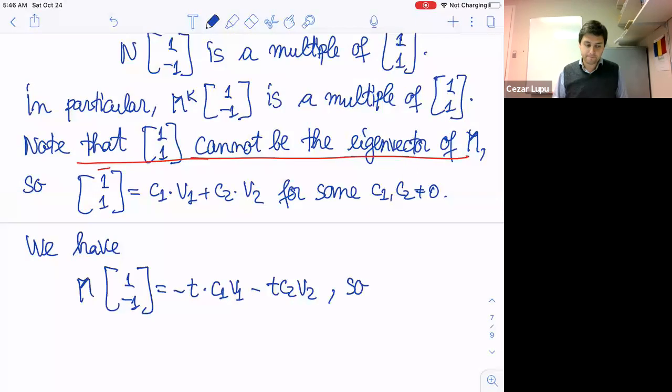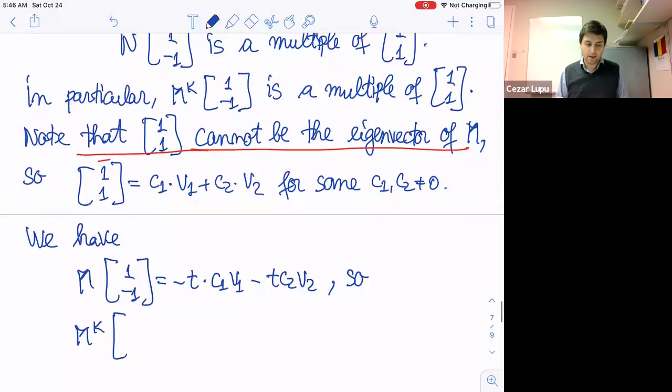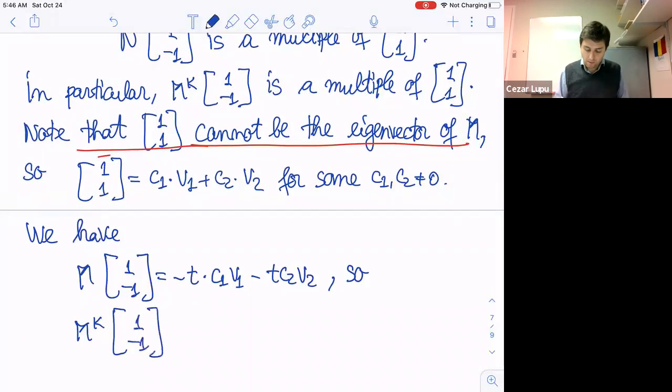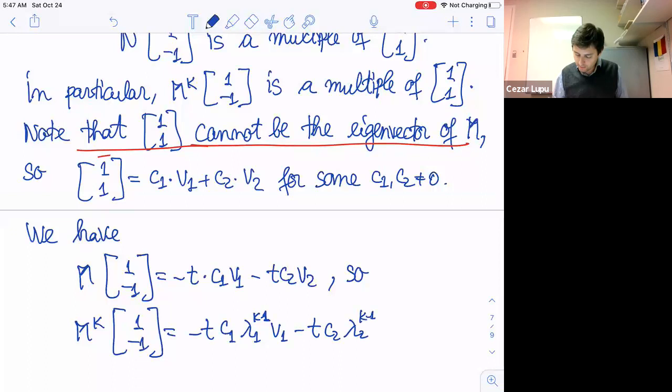So M to the k multiplied by 1, -1 will be negative t times c1 lambda 1 to the power k minus 1 v1, minus t times c2 lambda 2 to the power k minus 1 v2.